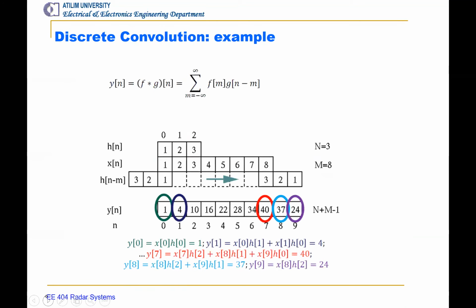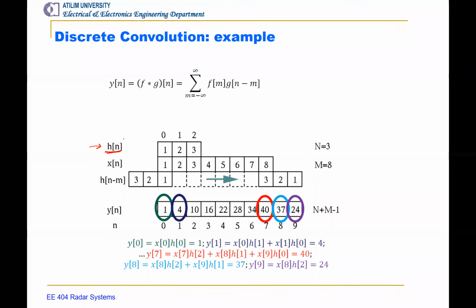So let's see how to implement this convolution. Just an example, you may refer to the courses on communication systems and signals and systems, where you can see the details of convolution in either discrete form or continuous form, so in summation or integration. Here we are given a sequence, h of n.